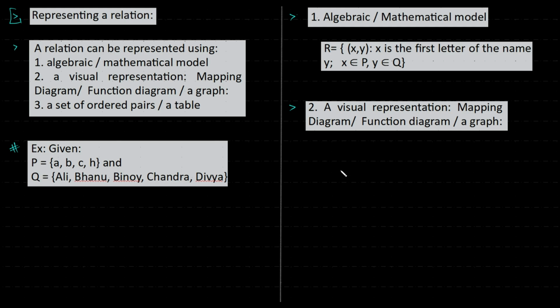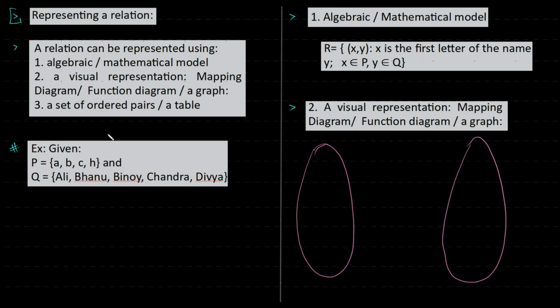So what I want to show here is the following. Okay, so I'm drawing a structure like this. So I'm going to fill this with A, B, C, H, and this is nothing but your set P, and this is your set Q, and we have the names Ali, Bhanu, Binoy, Chandra, and Divya, right?